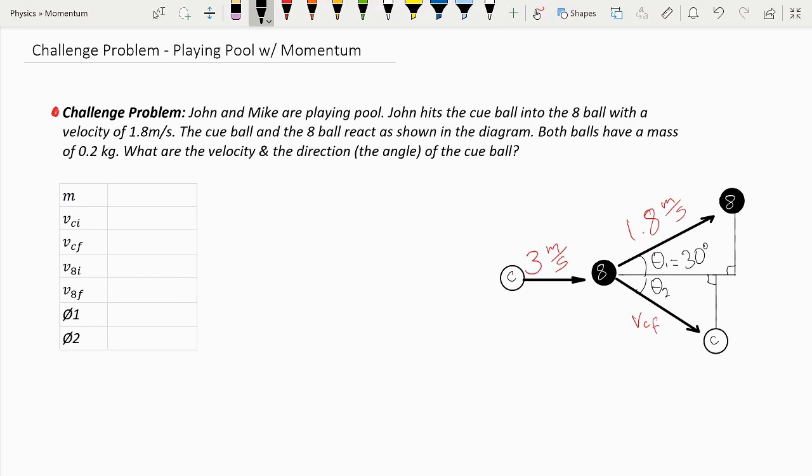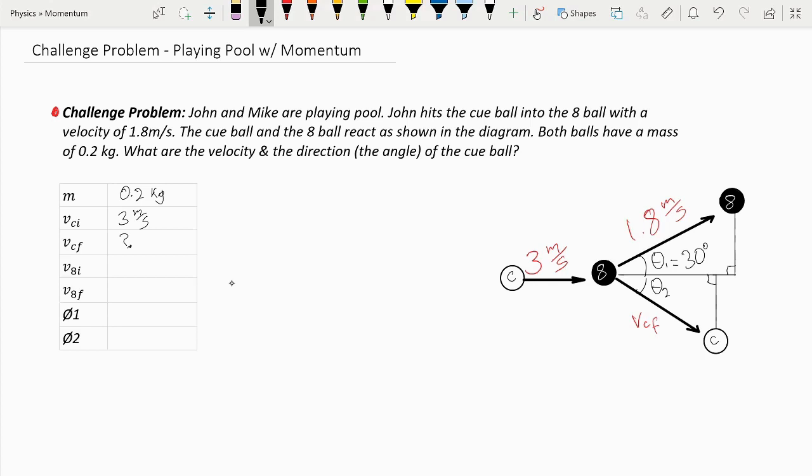So the mass of both the balls is 0.2 kilograms. The velocity initially for the cue ball is 3 meters per second. The velocity finally for the cue ball is something we need to calculate.